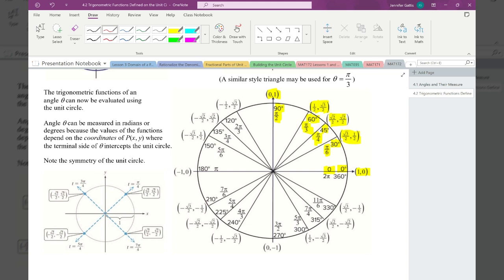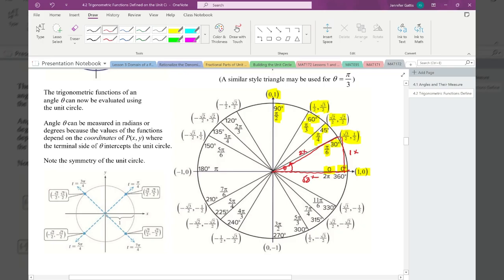If we think about this as our angle, we could create ourselves a little right triangle here. And remember that this is going to be 1x, 2x, and root 3x.